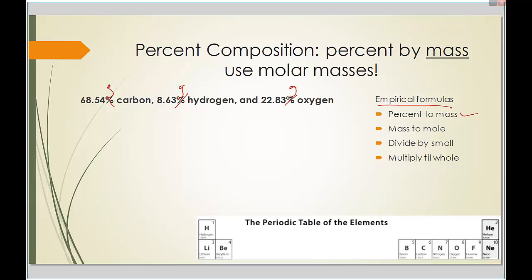So we have carbon is 12.0. Hydrogen is 1.0. And oxygen is 16.0.